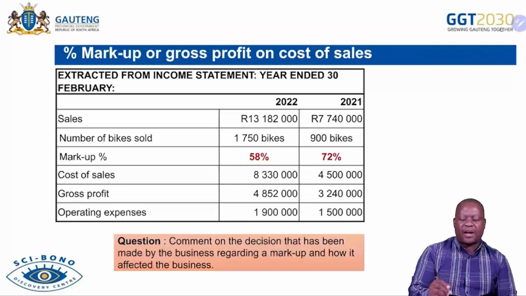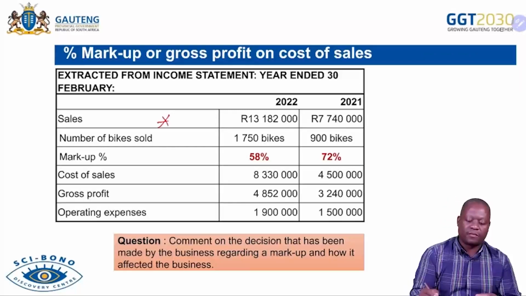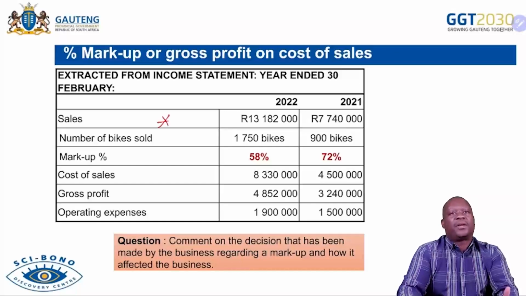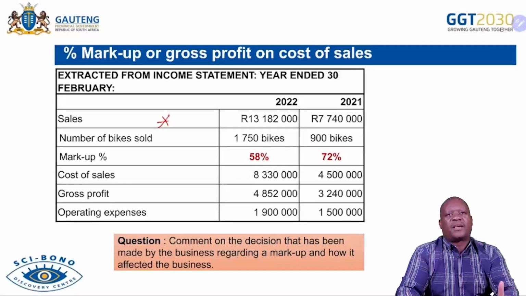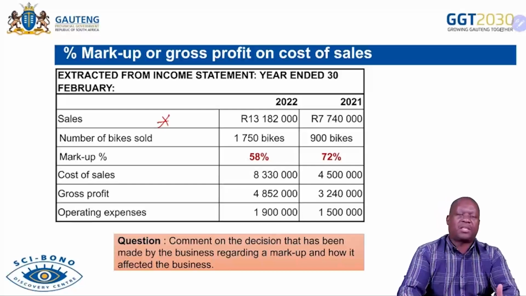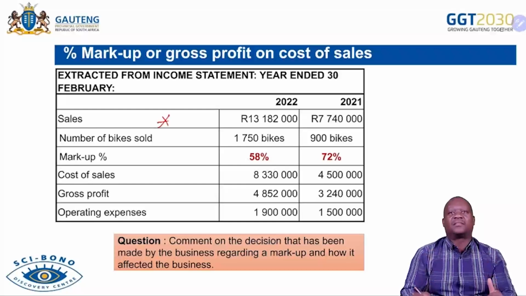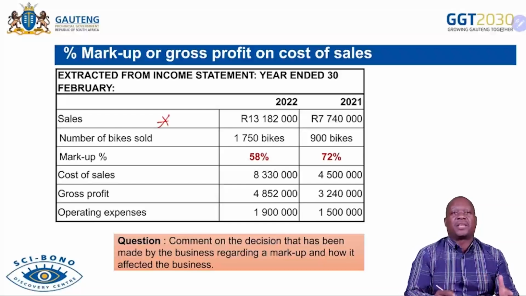Key items that I want you to look into are sales. What happened to our sales? They increased from 7,740,000 to 13,182,000. Check that. Increase in sales.